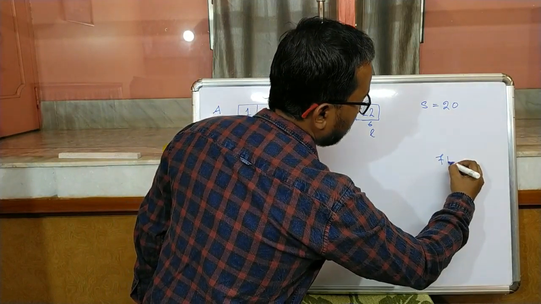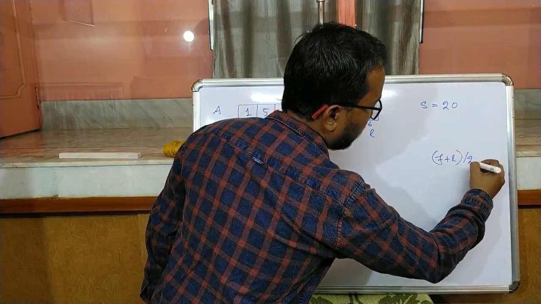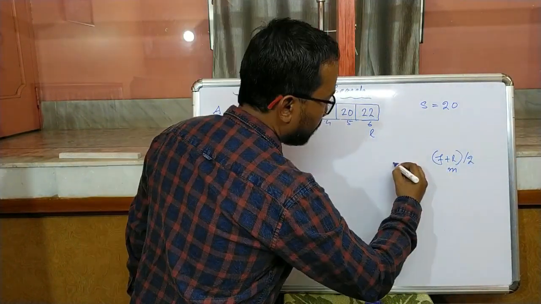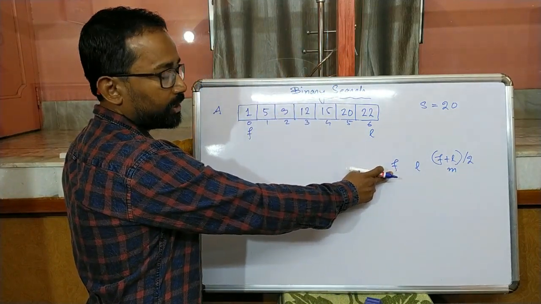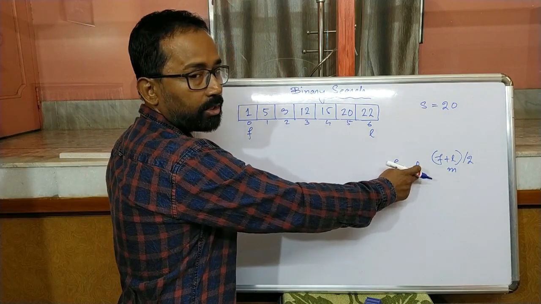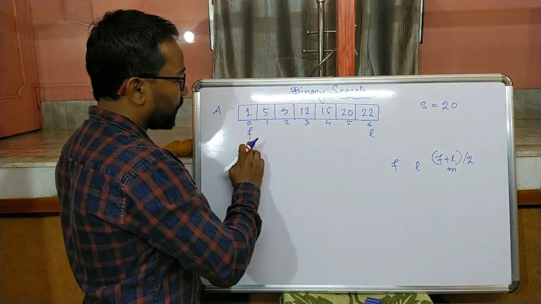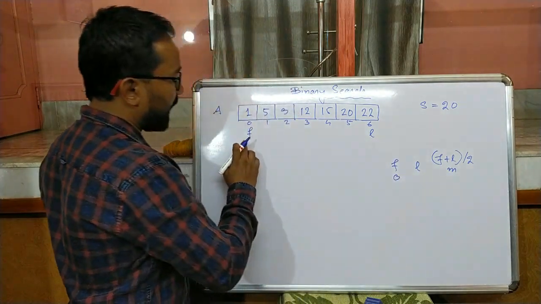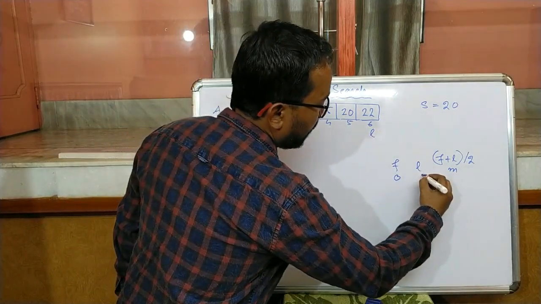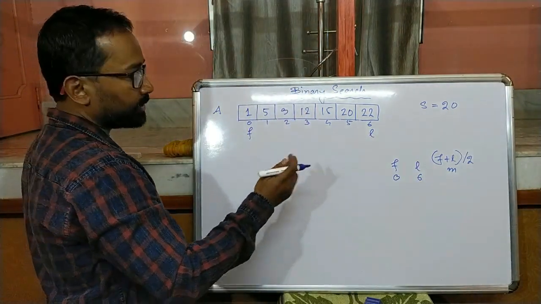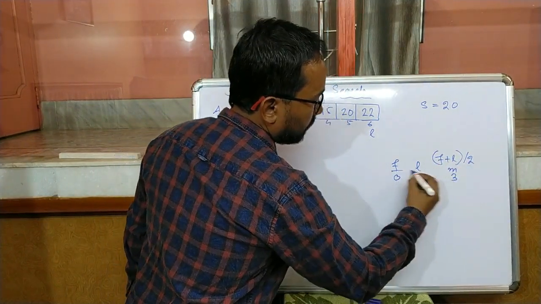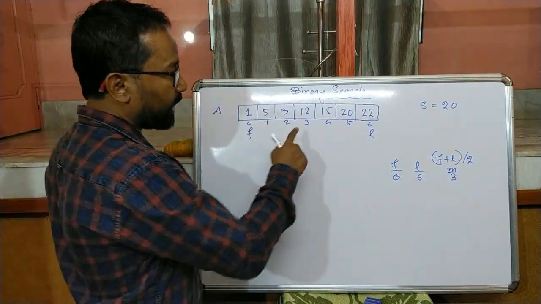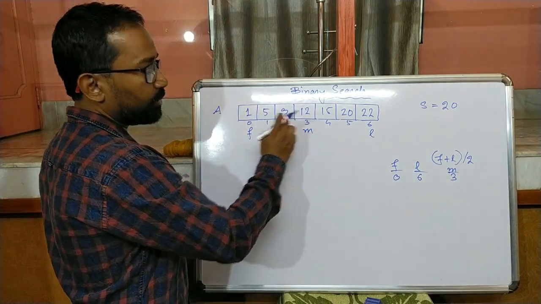So the calculation is (F plus L) by 2, that is M. F is the index number of the first element of the search area and L is the index number of the last element of the search area. So the first time, F is the first index of the array and L is the last index of the array. So what is the middle index? 0 plus 6 by 2, that is 3. So the search will start from this middle element whose index number is 3.